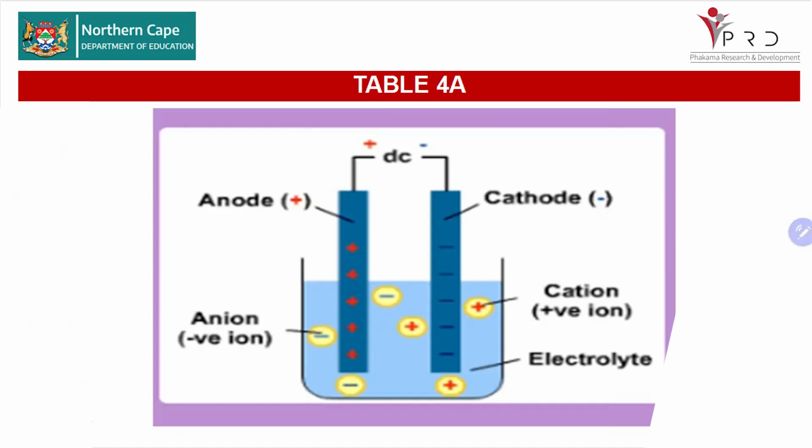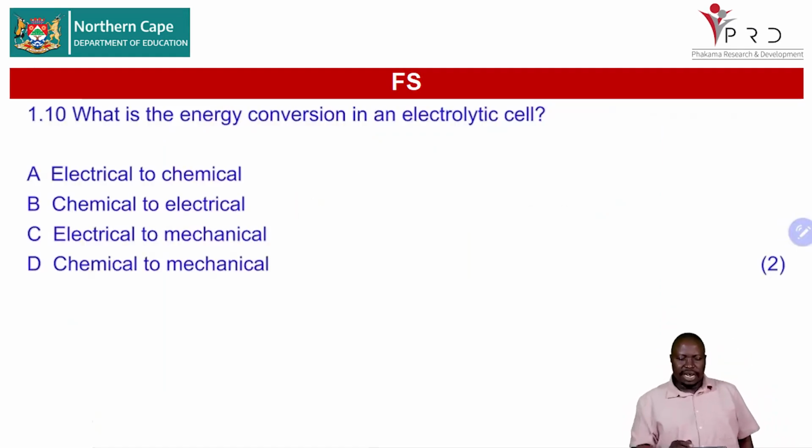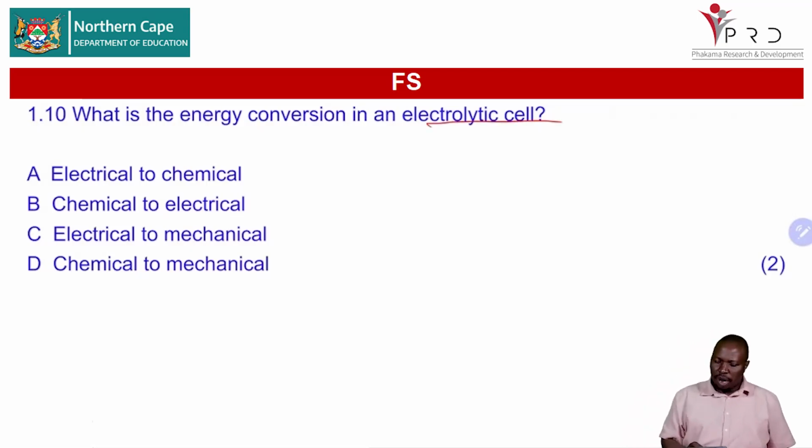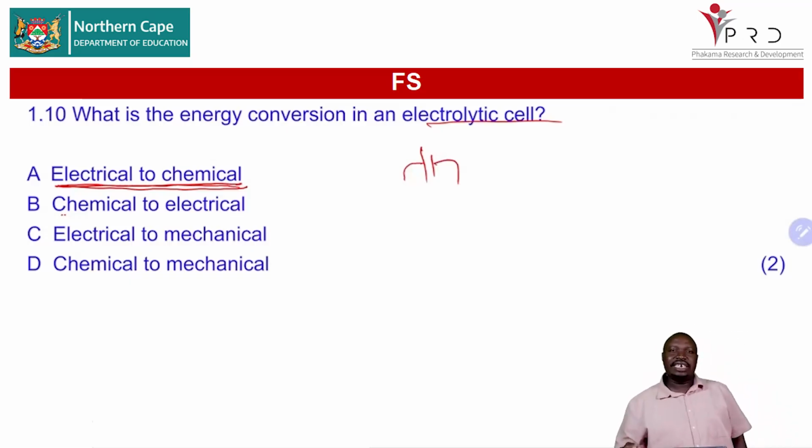We can use the table in order to do some of the questions. And then as we move forward, free state paper, what is the energy conversion in electrolytic cell? So you are able to say, okay, this one is from electrical to chemical. We are using electricity, hence we have a power source. You can see we have a power source. That shows that this is a non-spontaneous process. It's a process that is forced.